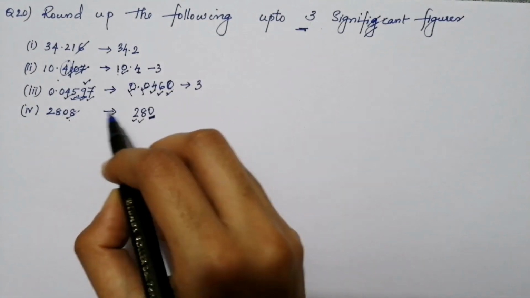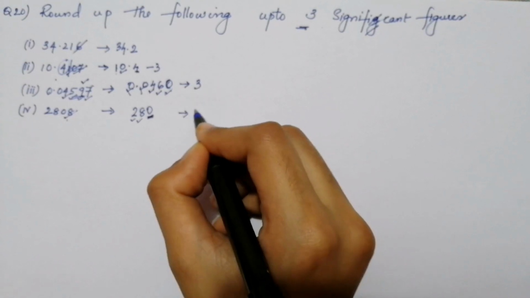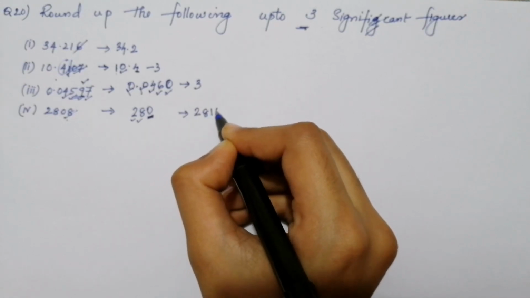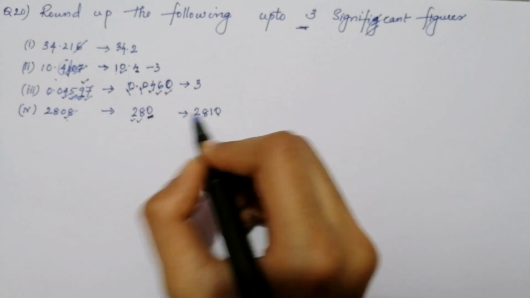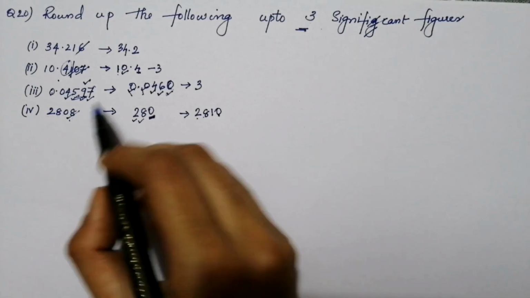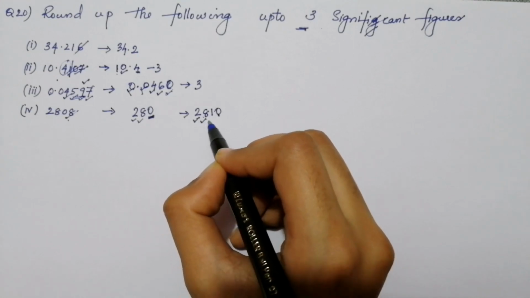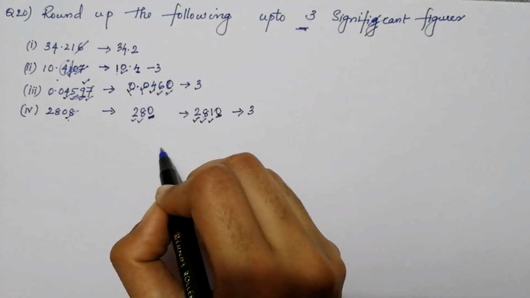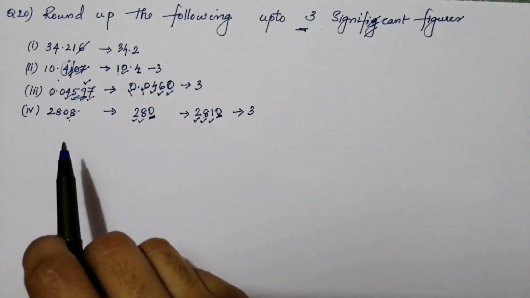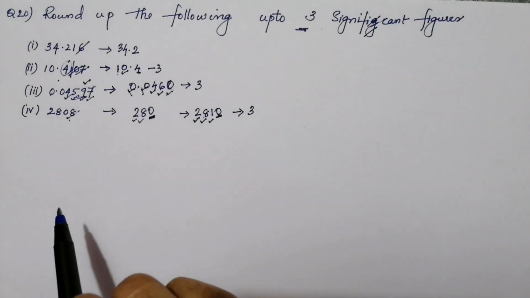So how do we do that? Let us carry the 0 to the next number, that is 1. So we have 2810. And we know that 2810 is close to 2808. And we have 3 significant figures, that is this 2, 8 and 1. The 0 is again insignificant. So we have a total of 3 significant figures. So this is how we round off these numbers to the nearest 3 significant figures.